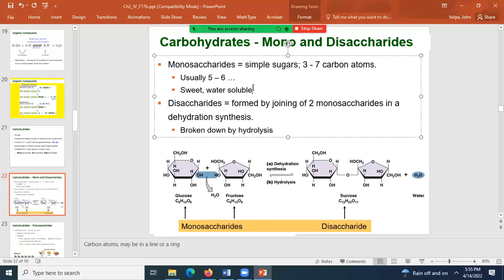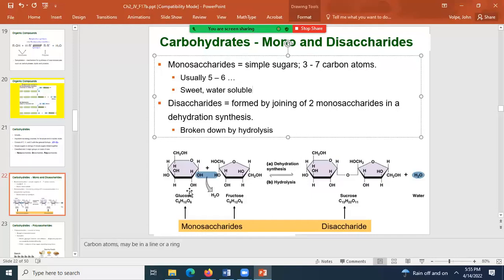Monosaccharides are typically sweet, and they're water soluble. Disaccharides are formed by joining 2 monosaccharides together in dehydration synthesis, although the disaccharide can be broken into monosaccharides by hydrolysis.